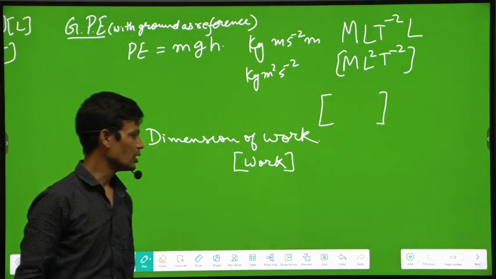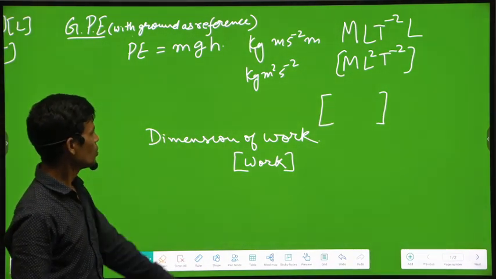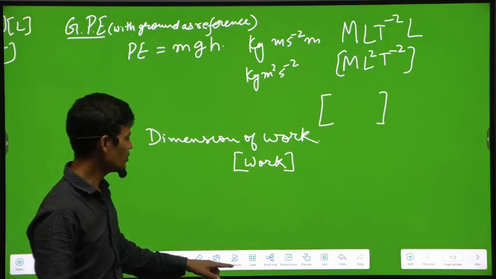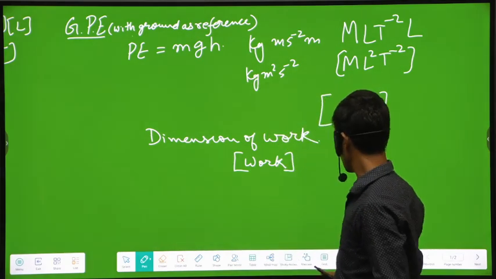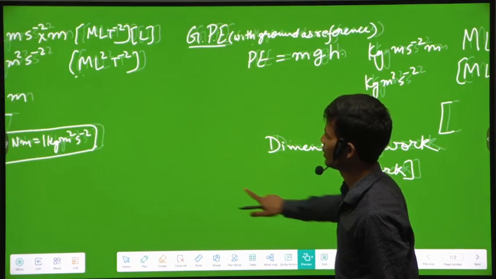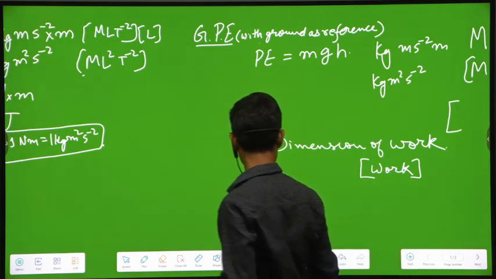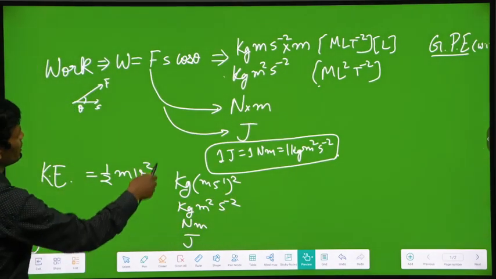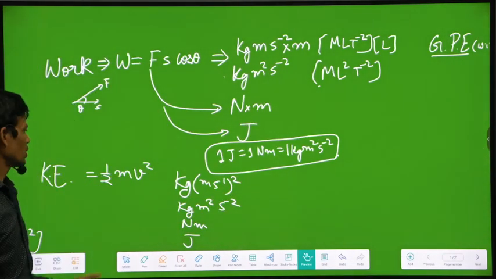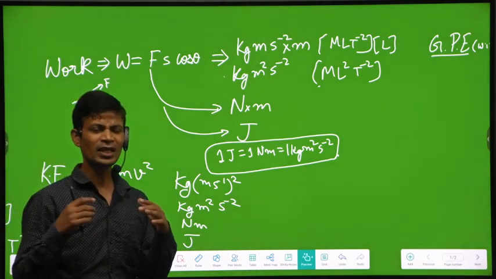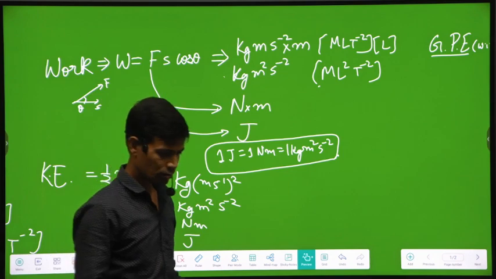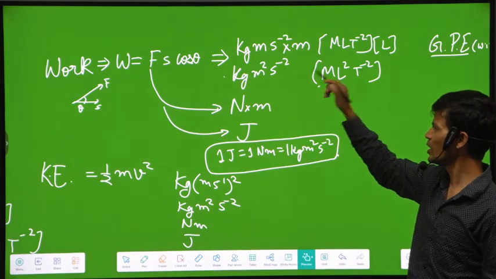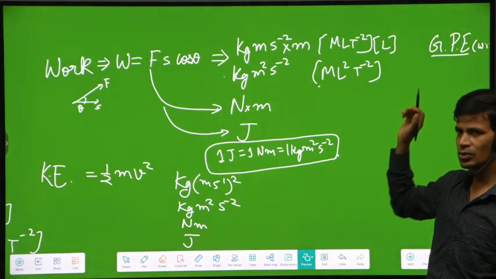You can see the dimension of gravitational potential energy has the same unit and same dimension as that of kinetic energy, and that is the same as that of work. Kinetic energy, potential energy, or any type of energy has SI unit joule, which is Newton meter, which is kg meter square per second square, and they have dimension ML2 T minus 2.